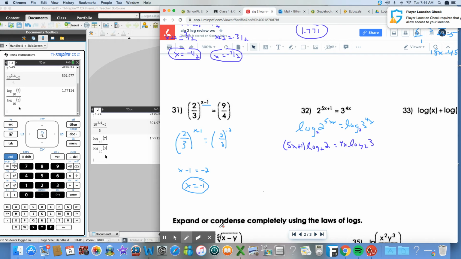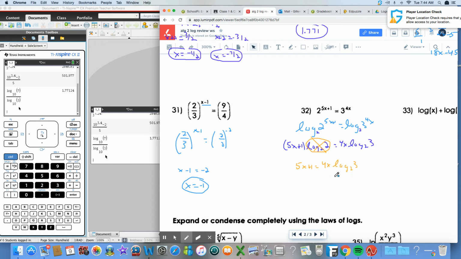Because what is this right here? Log base 2 of 2, that's 1. So now I'm left with 5x plus 1 equals 4x times log base 2 of 3.